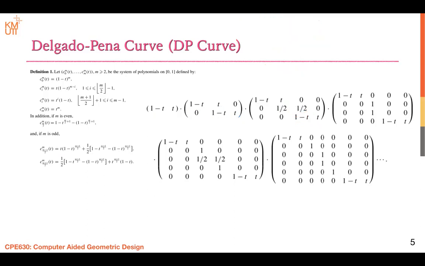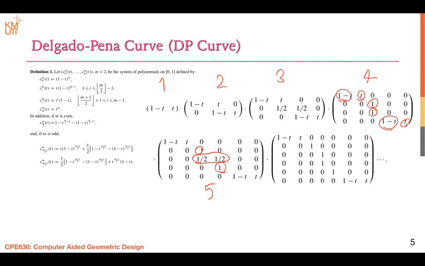Okay, so in the next step, this one is degree 3, this one is degree 2, and this one is degree 1. How about degree 4? It will be 1 minus t, 1 minus t, but in the middle it will be 1 and 1. Very simple. And then for degree 5, it will be 1 and 1, but in the middle we will have 1 over 2 and 1 over 2.